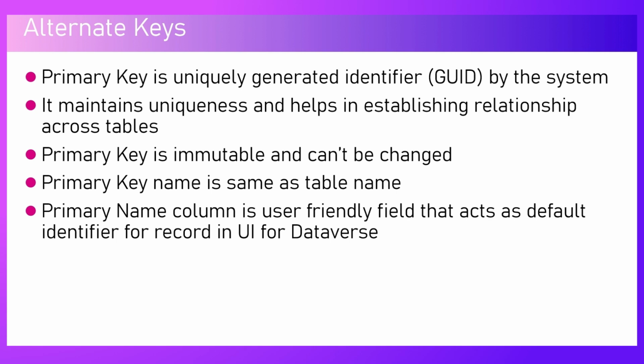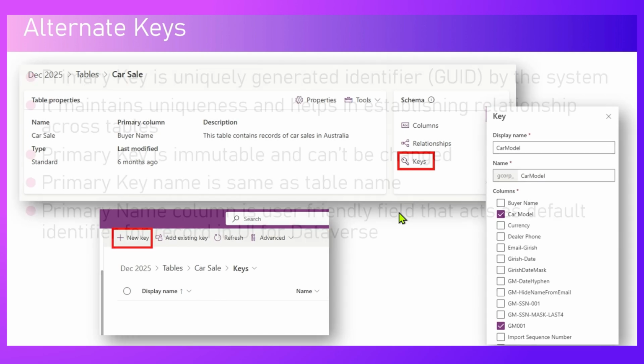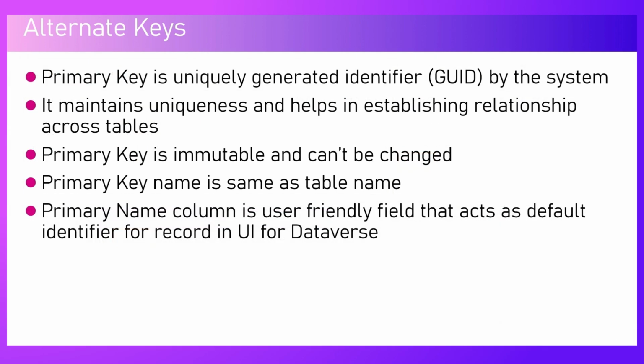As I mentioned, the primary key is immutable and can't be changed. When you create a table, that key is automatically created and the key name is the same as the table name. I'm going to demonstrate that when I show you my screen. The primary name column is a user friendly field that acts as a default identifier for a record in the Dataverse UI.